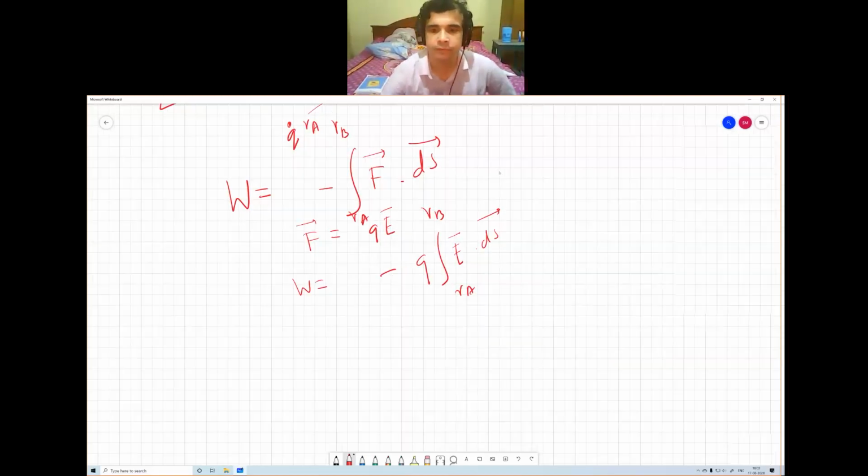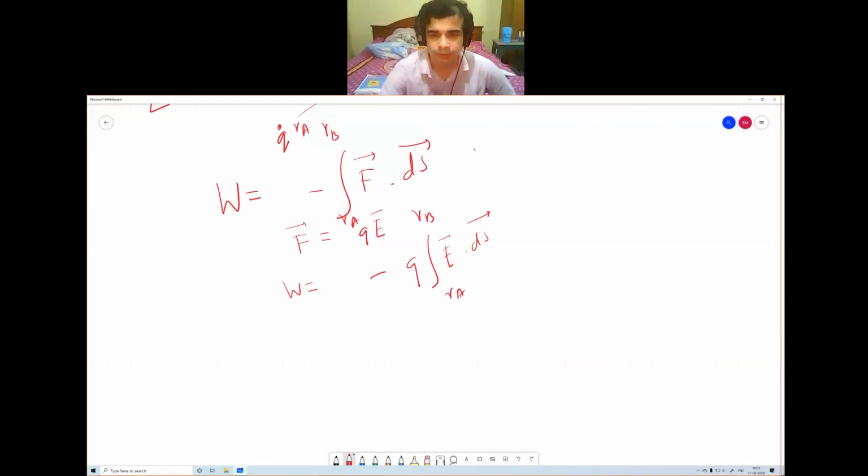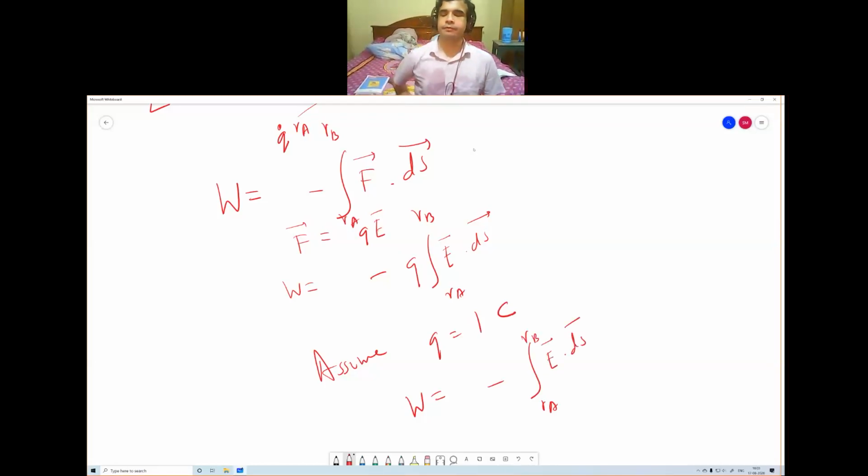But this time, assume Q equal to 1. So W equal to the integral of E dot ds.